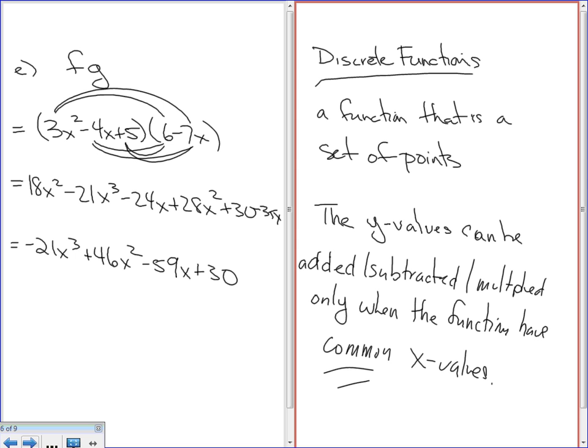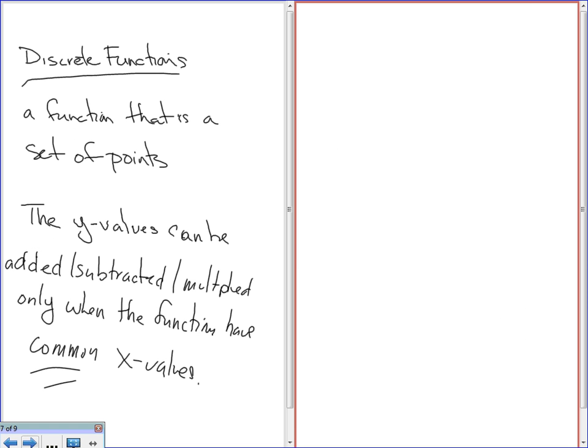Okay, so we'll do an example of working with discrete functions.